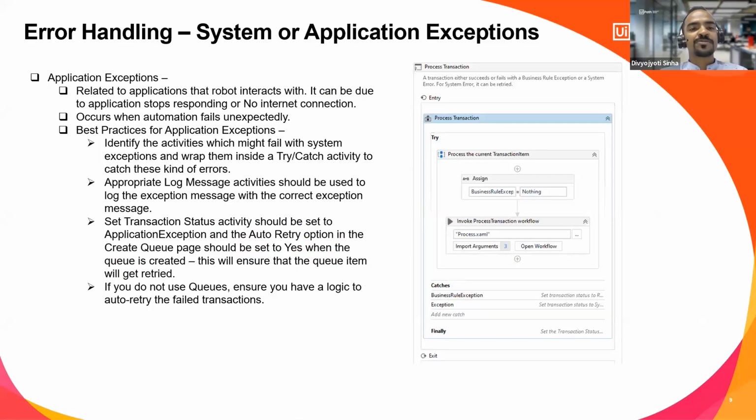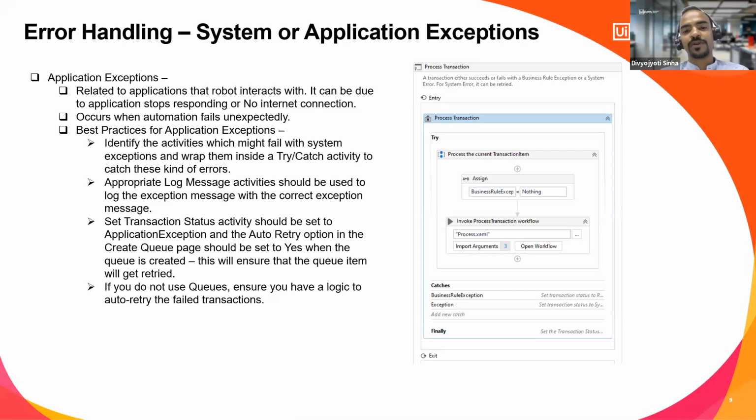And system exceptions can happen due to the application not responding, or there can be no internet connection. The best practice is to encapsulate whatever sequences or logic you feel might fail in future or when the application gets changed. So let's say, for example, tomorrow you get an exception around the SAP login XAML which you had built.